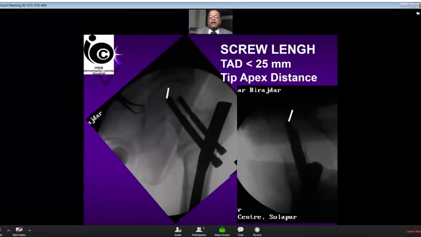And the screw tip should be subchondral. As per the Baumgaertner principle, the tip apex distance is measured from the fovea centralis. If my screw is in the inferior part of the head and neck, definitely my TAD will be more.